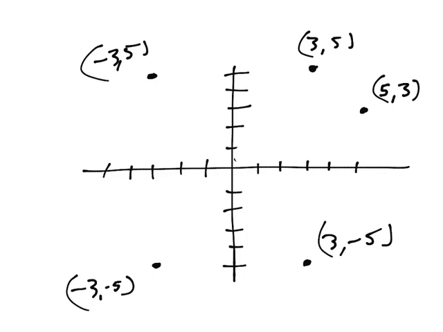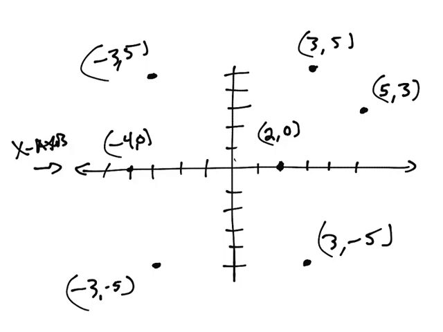If we had points on the x-axis, it's going to be 2, 0. This would be -4, 0. Anything that's on the x-axis is going to have the same type of address. It's going to be some number, 0, because we want 0 movement vertically.